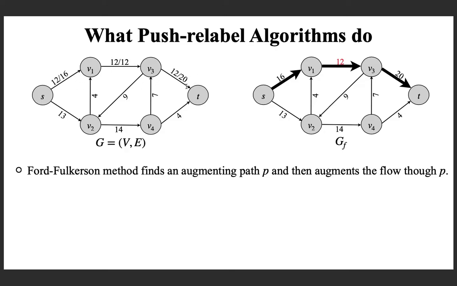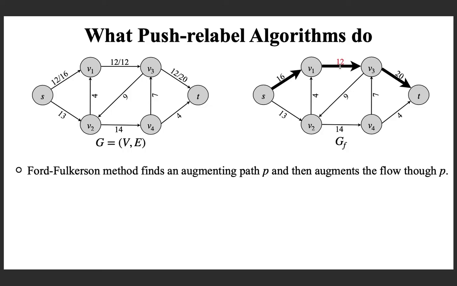So this is what a Ford-Fulkerson based algorithm does. Basically, such an algorithm needs to find an augmenting path, which is a source to sink path in the residual network, and send a flow along that path with value the same as the capacity of that path, in this case 12.